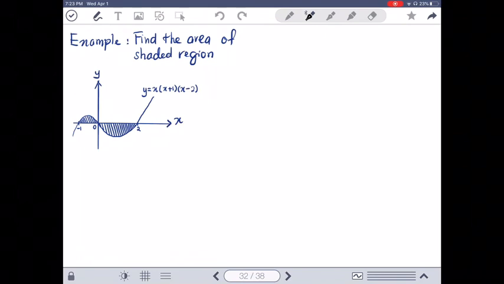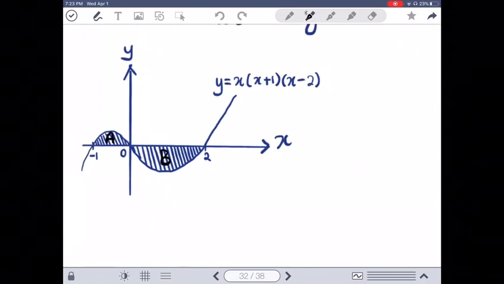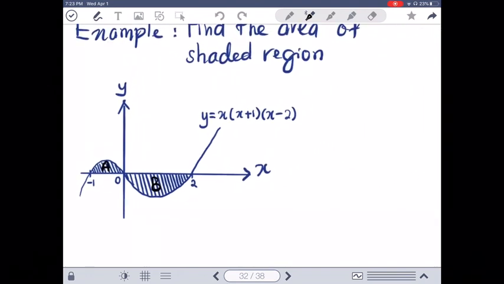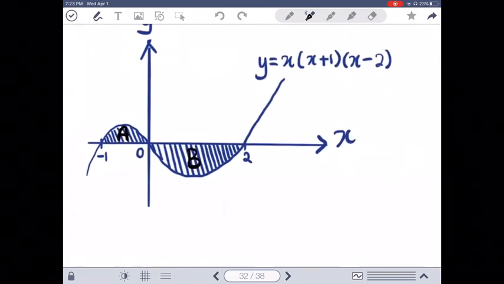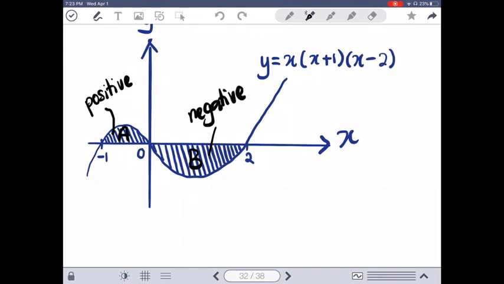Okay, find the area of the shaded region. Suppose that I name the first area as area A and the second area as area B, and we try to find both areas separately, because area A will produce a positive value, and area B will produce a negative value since area B is situated below the x-axis.